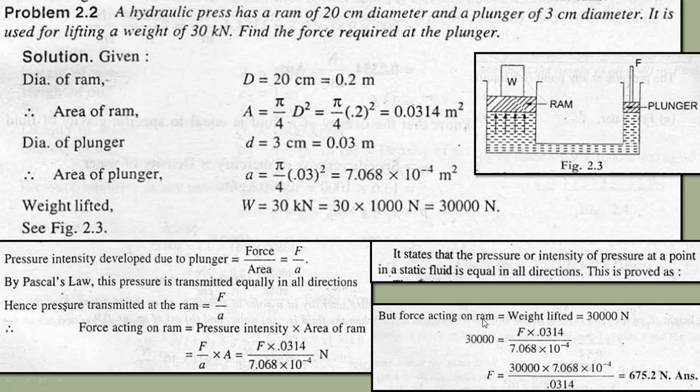But force acting on ram is equal to weight lifted, which is 30,000 Newton. Put the value and you will get the force required at the plunger.